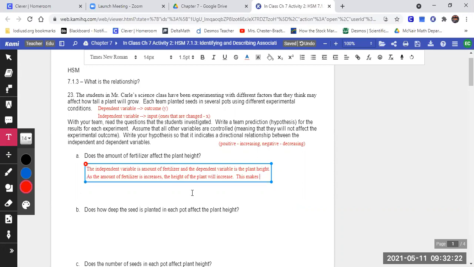What is increasing linked to? Look at the two words that we use for that directional relationship. Which one's linked to increasing? Starts with a P. Remember, we defined them up here.